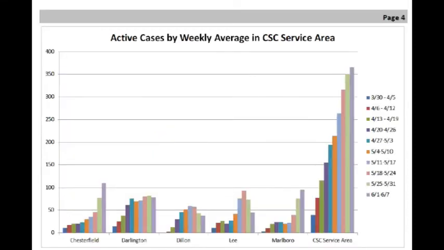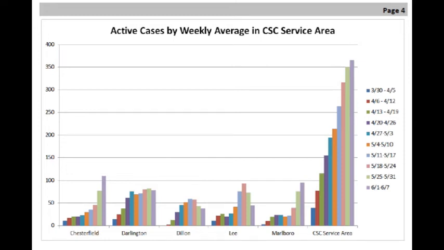On page 4, this is further illustrated by the active cases by weekly average in each of the 5 counties and the service area as a whole. It is clear that the service area as a whole has seen a steady increase, but when you look at each individual county, the story is very much different.